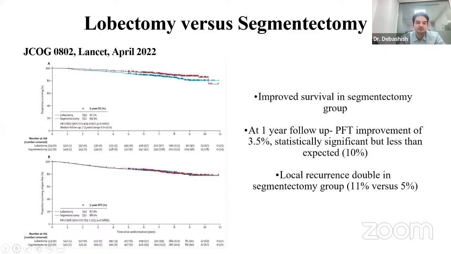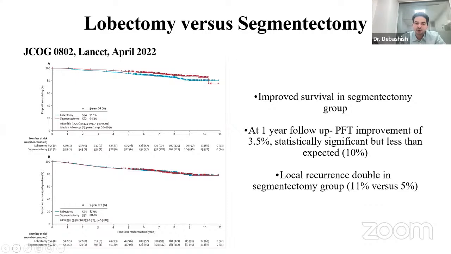Next slide. So obviously a segmental approach will be better, because the lesser part of lung will be removed. It will have a better pulmonary function test if we compare in those terms.